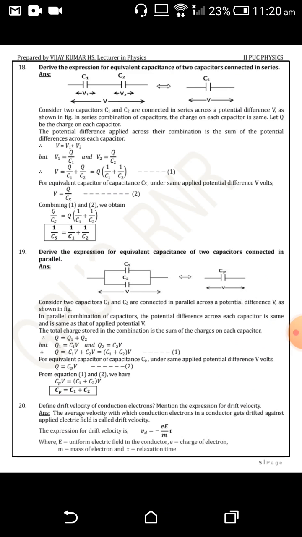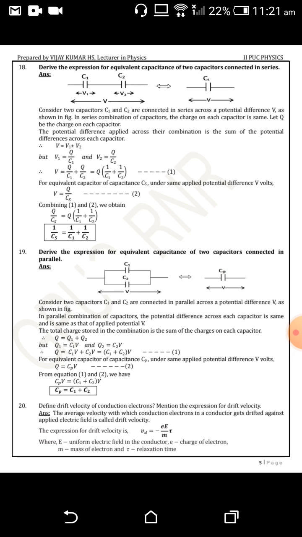As you know, when the conductor is connected to a battery, the free electrons present inside the conductor move in a direction opposite to the direction of the electric field. The velocity of those electrons which drift opposite to the electric field is called the drift velocity.